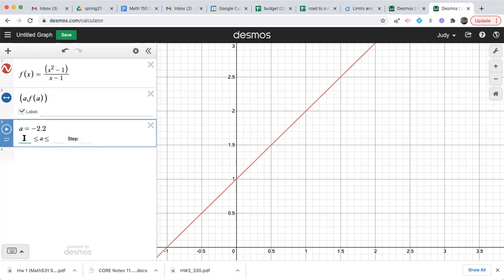Let's keep it between negative 0.5 and 1.5. Okay. So I'm going to move this point, right? So I'm getting closer and closer to an x value of 1. So remember, x equals 1 is right here.